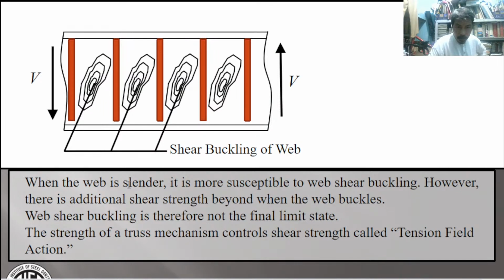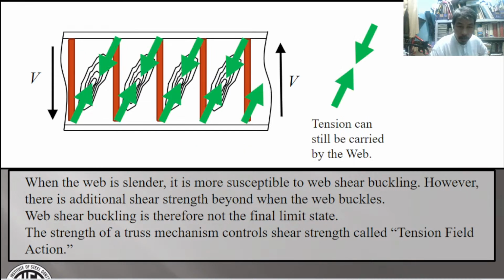So when the web is slender, it is more susceptible to web shear buckling. However, there is additional shear strength beyond when the web buckles. Web shear buckling is therefore not the final limit state. Okay? The strength of the truss mechanism controls the shear strength, called tension field action. Okay, so there is tension field action.